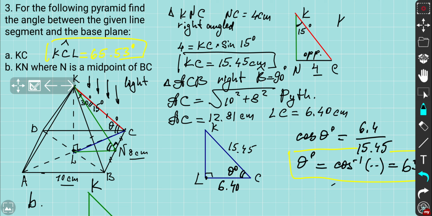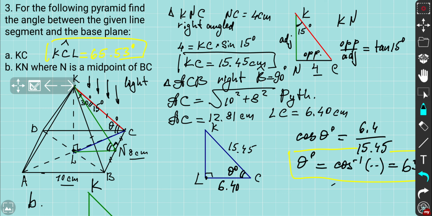So KN from there is the adjacent side. So how to figure out the adjacent side? We just use opposite over adjacent is going to be tangent of 15 degrees.